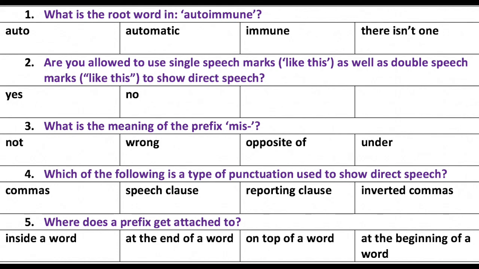Commas, speech clause, reporting clause, or inverted commas? Question 5. Where does a prefix get attached to? Inside a word, at the end of a word, on top of a word, or at the beginning of a word?